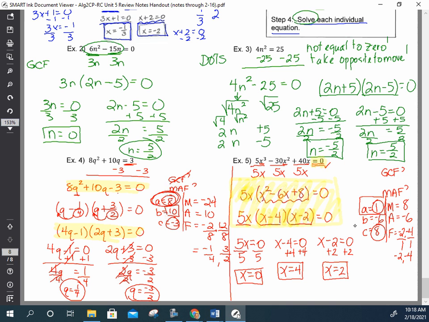A couple of the questions on your Unit 5 test, you have to solve it by factoring. That means if you use any other method, the problem is wrong. If you use quadratic formula and it said factor it, the problem is wrong. You have to know how to do it the several different ways.